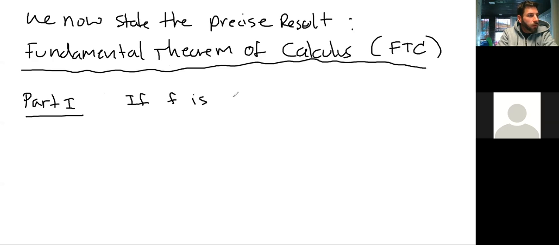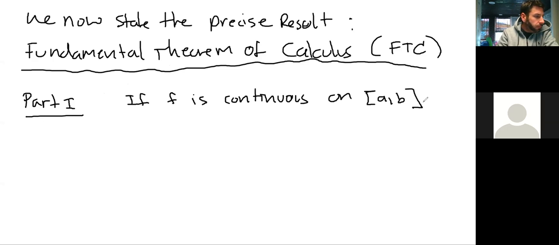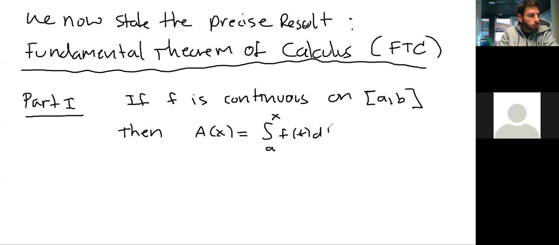So part 1: if f is continuous on some interval, which I'll denote as [a, b], then this area function, defined for x in the interval, satisfies A prime of x equals f of x.